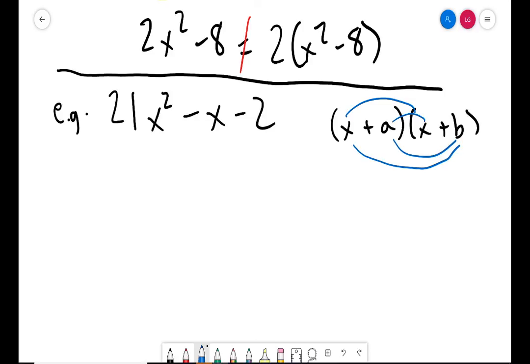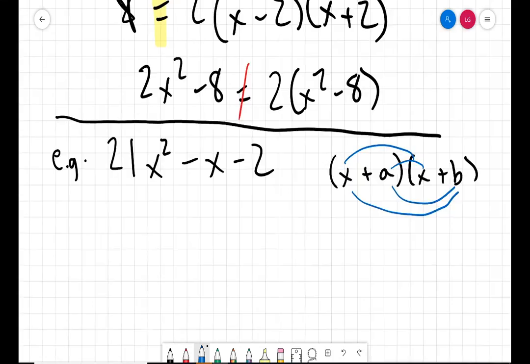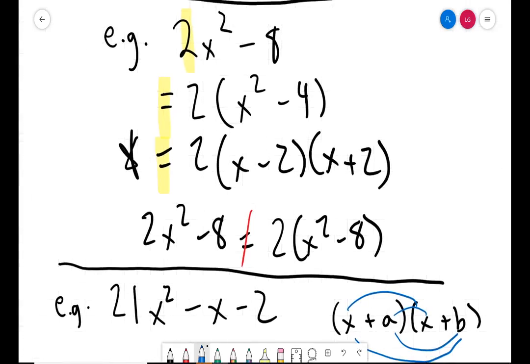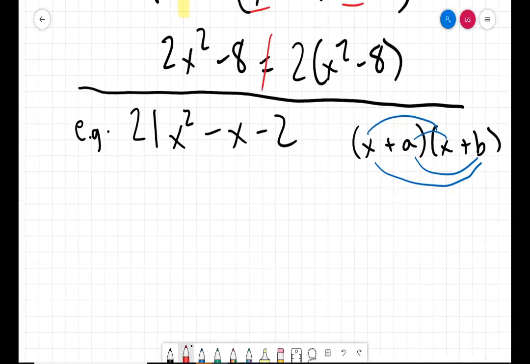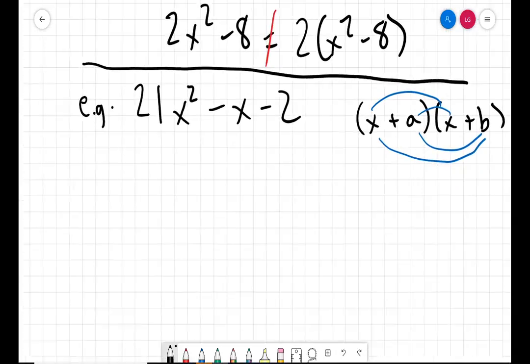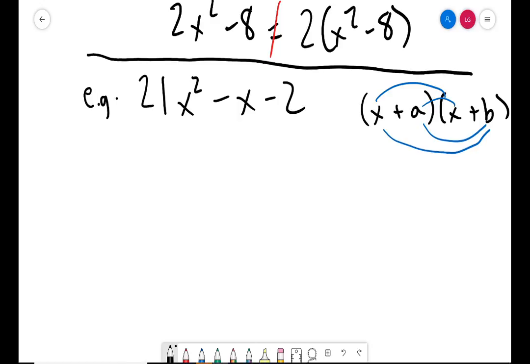So x times x, x times b, a times x, a times b. So what we've dealt with so far is sort of being able to get away with this one, and therefore these, really easily because it's just a 1. So we don't have to worry about the leading coefficient of our terms. But now we don't have that situation. We have 21x squared minus x minus 2.